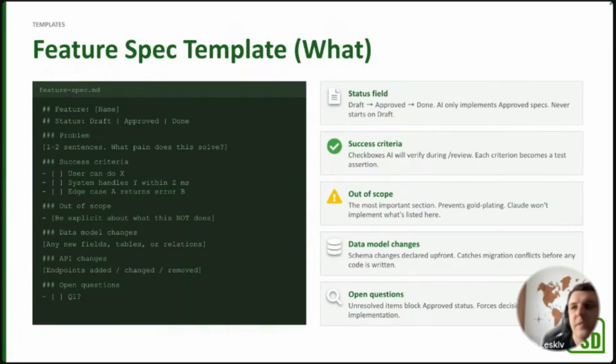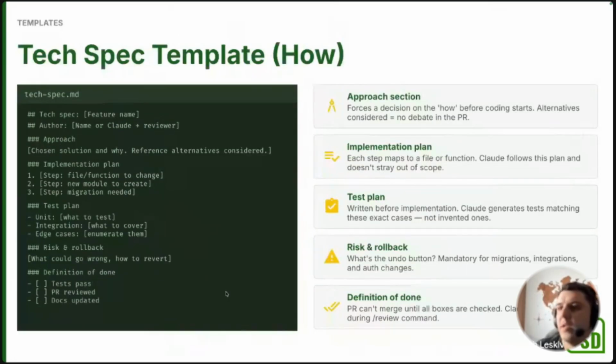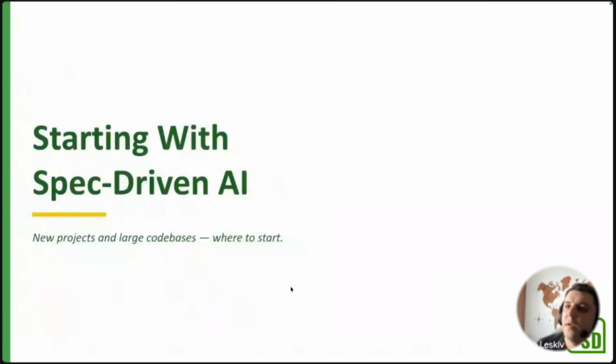This is a feature specification template, how it could look. You describe the problem, the success criteria, what is out of scope, and what model and API changes should be made. And the test specification template includes an implementation plan with steps, a test plan, some definitions of done, etc.